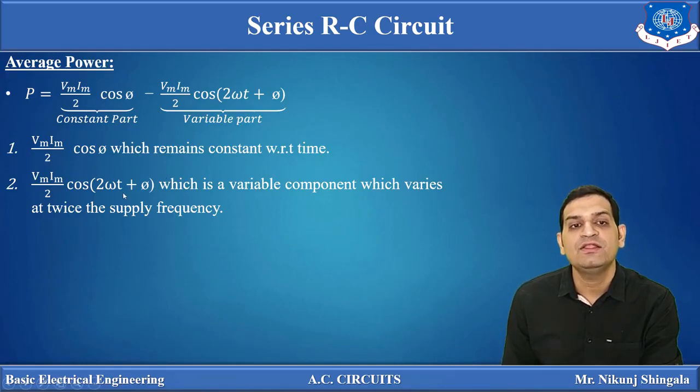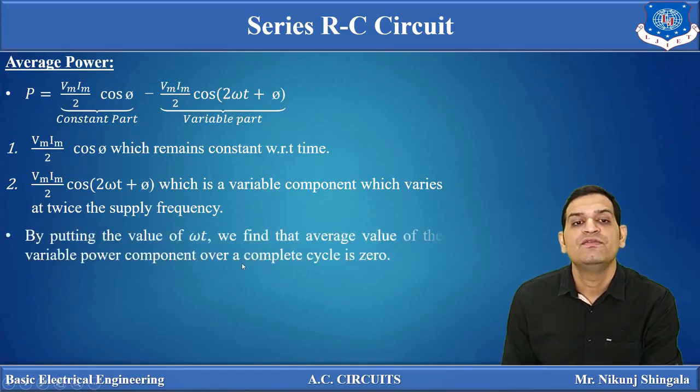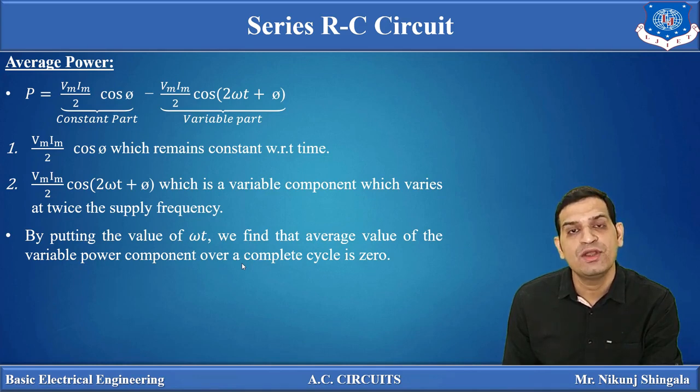If we take the integration of this term for one cycle, we get 0 value. So by putting the value of omega t, we find that the average value of the variable power component over a complete cycle will be 0. If we take the integration of this from 0 to 2 pi and put the value of omega t, we get the 0 value.